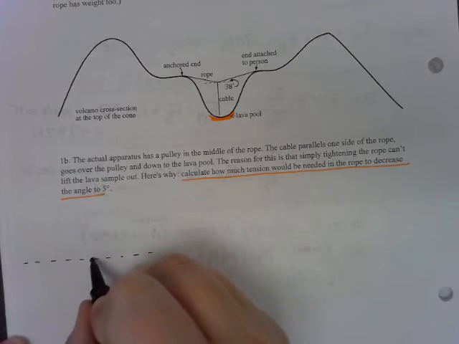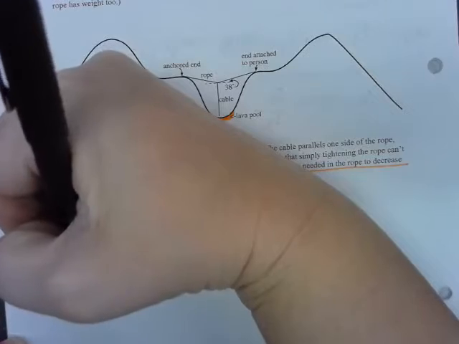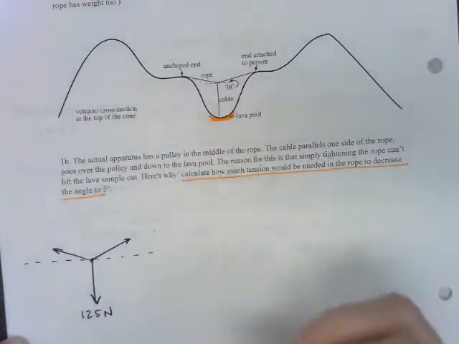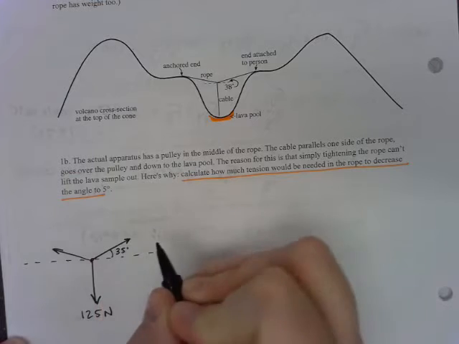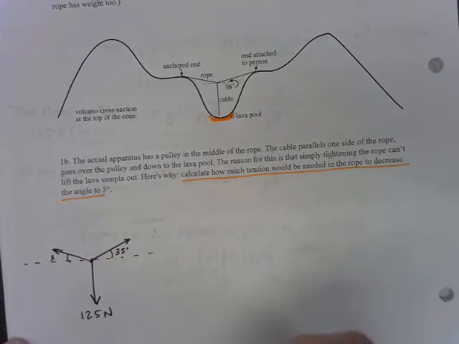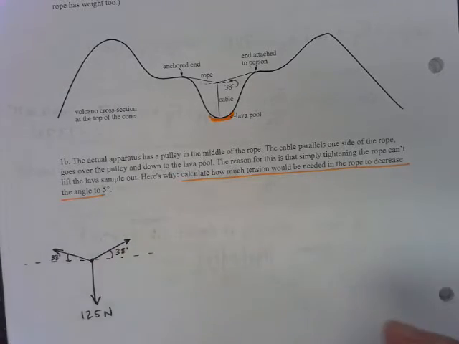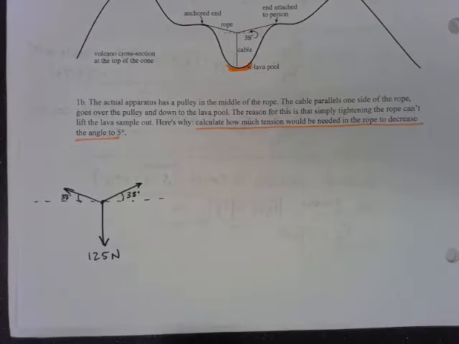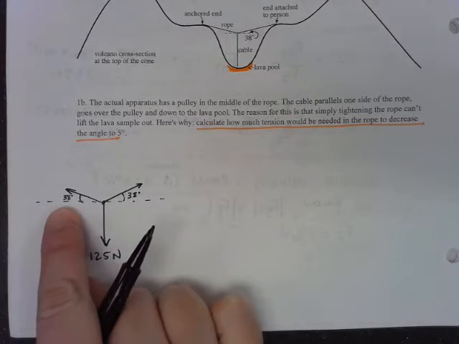And then we've got our rope sticking up in either direction at an angle of 35 degrees. Is it 35? It's 38 degrees, sorry. There's my force diagram. Sorry that got so tiny. Can you guys see that okay? We know it's 38.